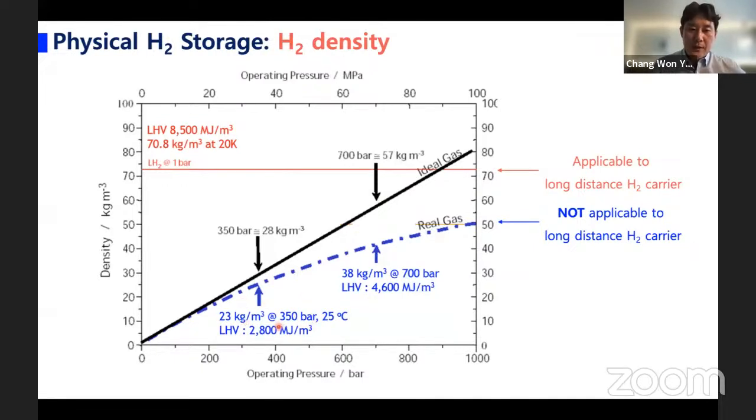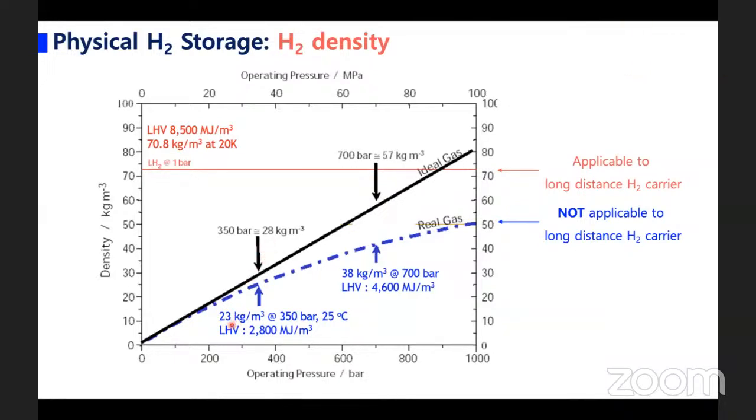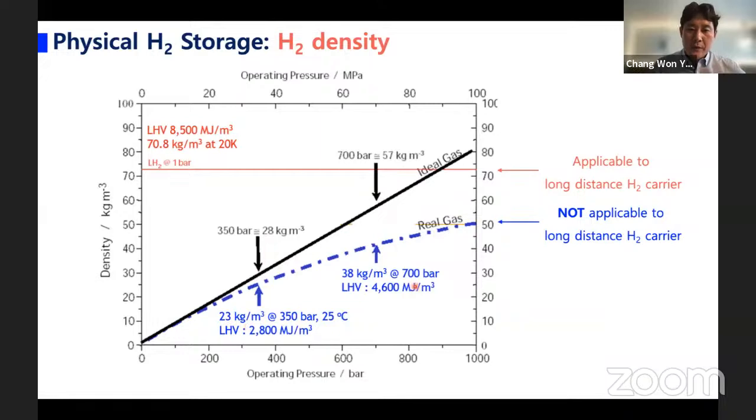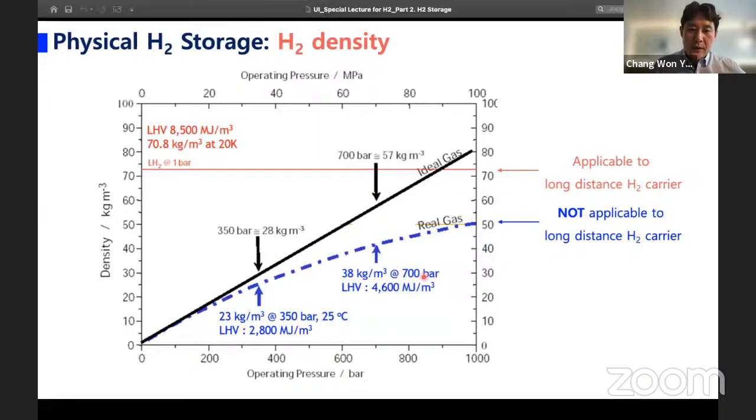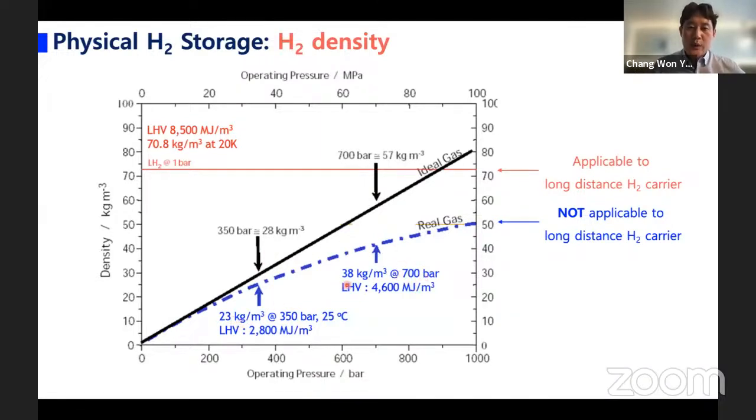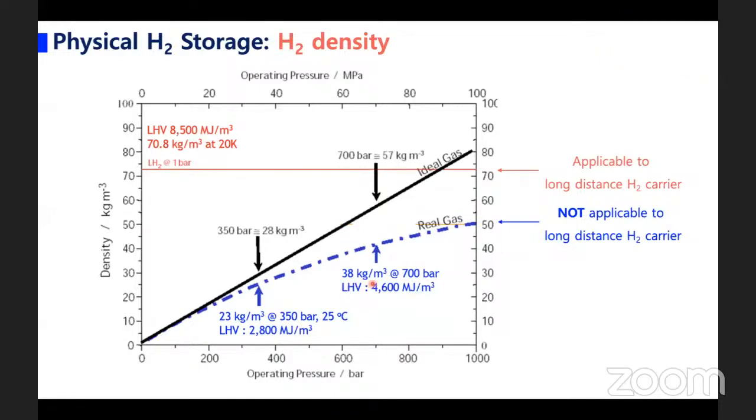Let me explain with this. Under 25 degrees Celsius and 350 bar, we can actually store not 28 but 27 kilograms per cubic meter. Then if we double the pressure, we only store 38 kilograms of hydrogen per cubic meter. Why is that true?